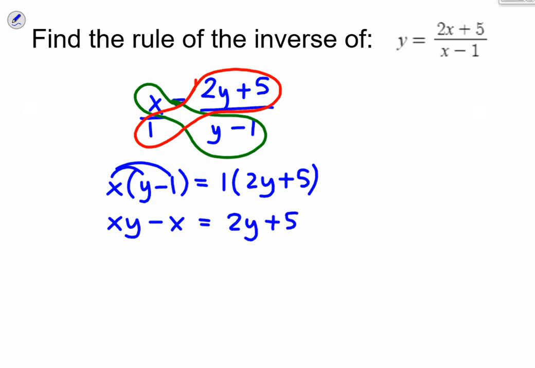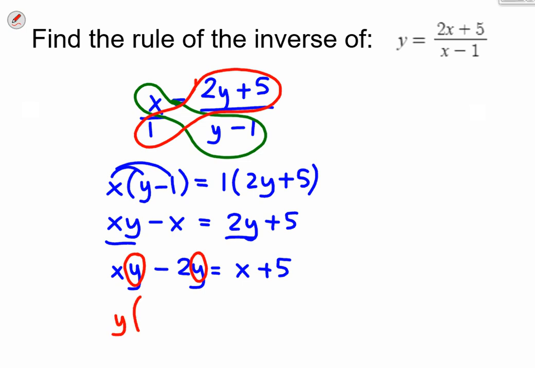Now you see that we have y on both sides. So let's bring all the y on the left and put all the others on the right. So we have xy minus 2y is equal to x plus 5. And this is where some of you will be stuck, okay? You'll be stuck because you have a y here and a y here. So what we need to do, we need to factor our y. So if we factor, we bring it in front, what's left in our bracket is this.